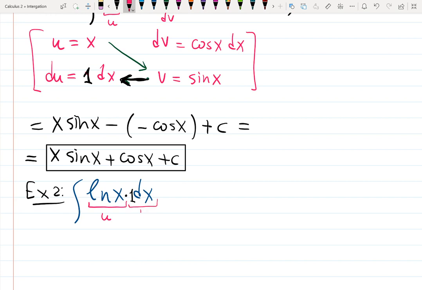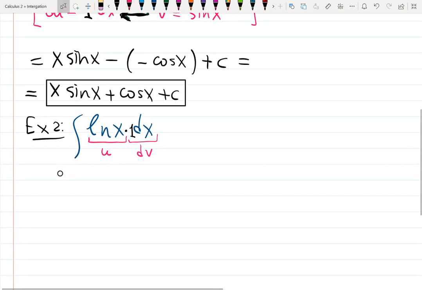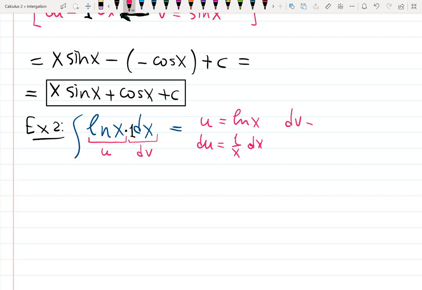Then everything else is dv. What is everything else? 1 dx. So I'm making a box again. And I like making the box actually right over here. u is ln x. du is 1 over x dx. dv is 1 dx.